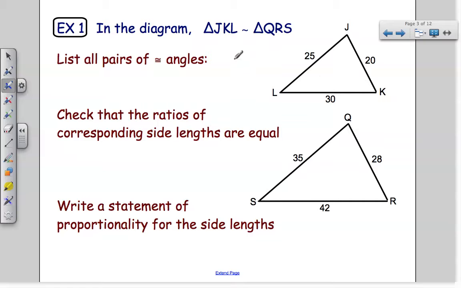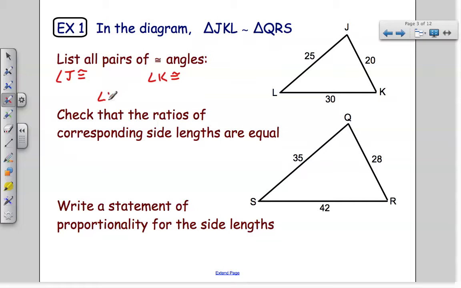So now when I go to this example, I know that triangle JKL is similar to, because it has that symbol, triangle QRS. Remember, what does this mean? If figures are similar, their angles are congruent, their sides are proportional. So the first thing says list all the pairs of congruent angles. That was one of my requirements, that the angles are congruent. I'm going to look at that top shape, and I know angle J will be congruent to something. Angle K will be congruent to an angle in the other one.